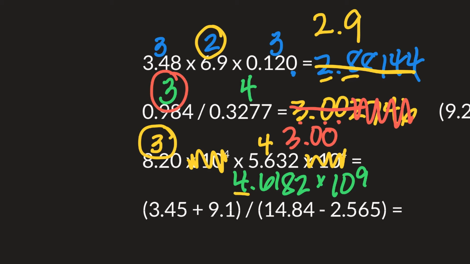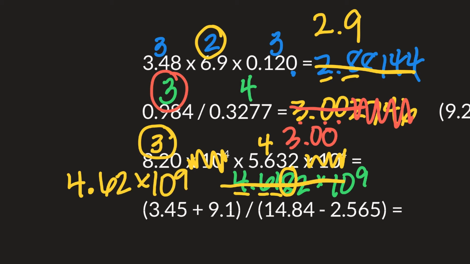So 1, 2, 3. Because the next number is an 8, we're going to round it up. We write 4.62 times 10 to the 9th. Done. So for multiplying and dividing, do not take it out of scientific notation. Plug it in, count sig figs, because it's so easy with scientific notation, and you're done.